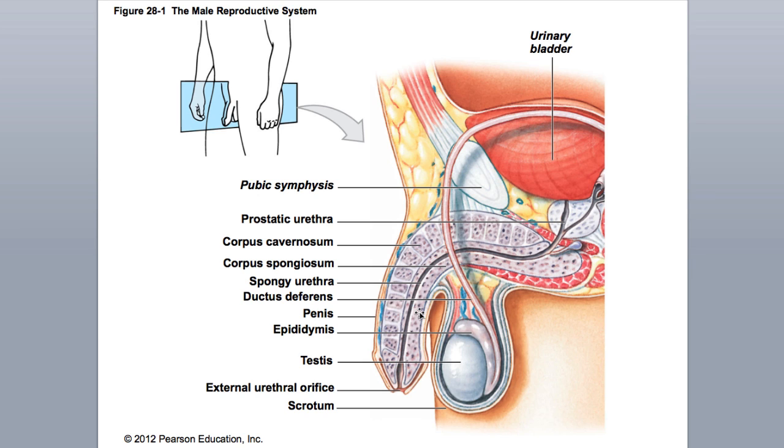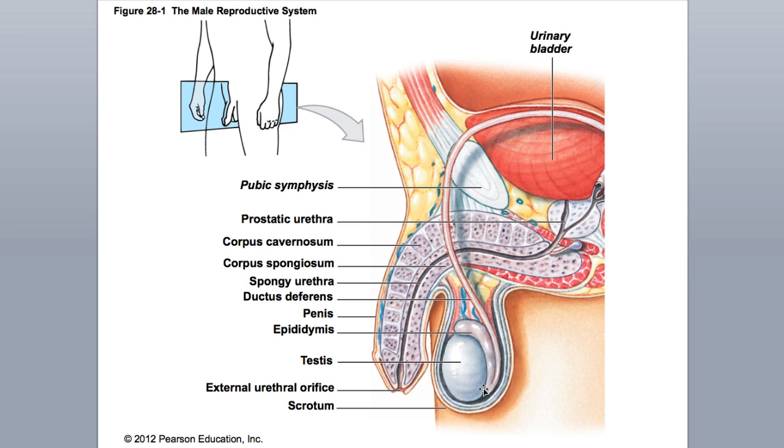Now, before I go to the next picture, I want to briefly go over the slide that you saw before about the sperm's pathway. So the sperm are produced within the testes, and then they are transferred to the epididymis. Now the epididymis not only stores the sperm, but also helps mature the sperm.